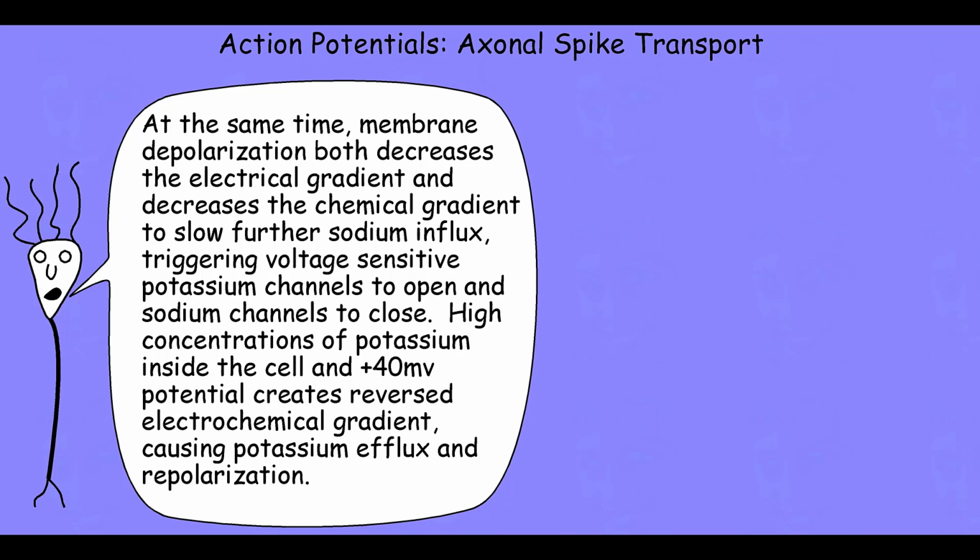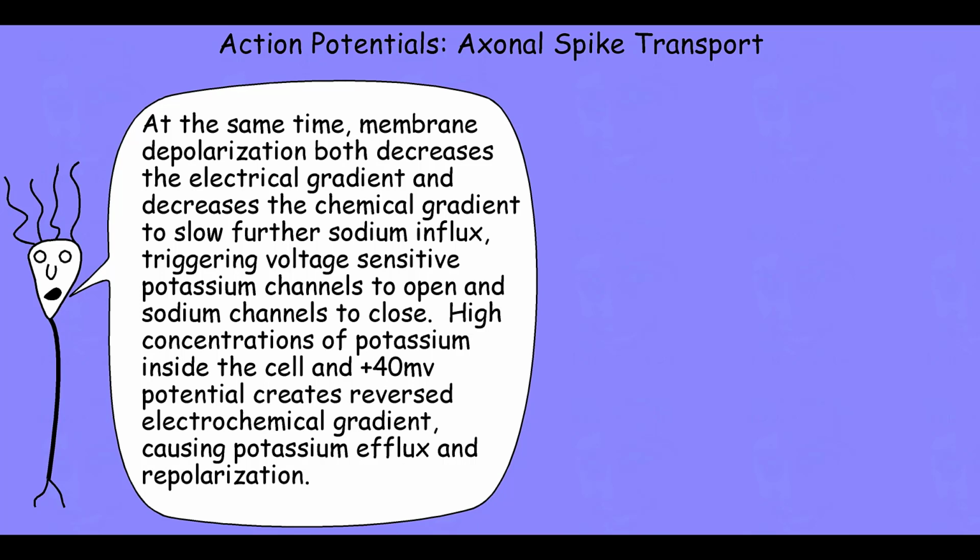Once the depolarization becomes sufficient, then the inactivation gate closes on the sodium channel and no more sodium will come in. The slower to open potassium voltage-sensitive channel opens up when the membrane potential has changed from negative 65 millivolts resting potential to positive 40 millivolts or close to it.